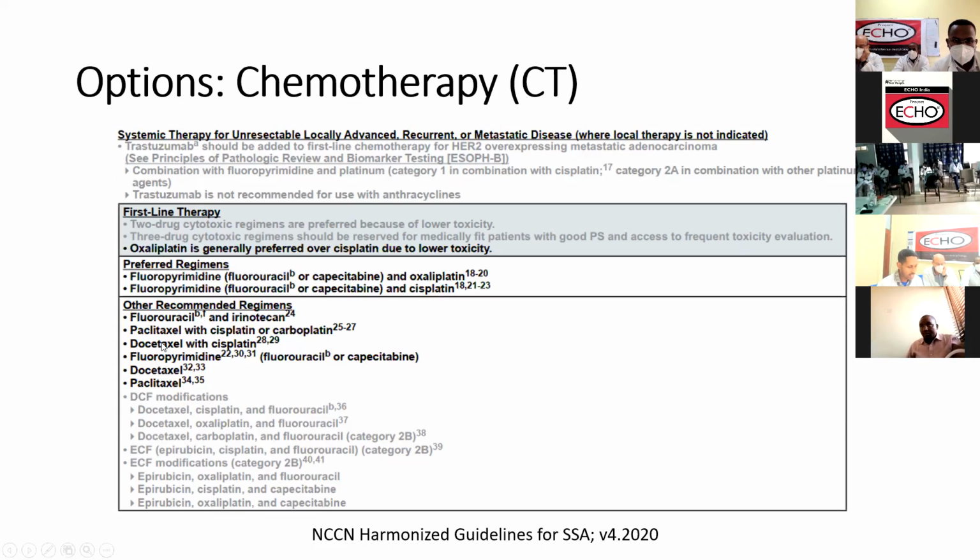And I saw that a lot of centers in Sub-Saharan African countries are using either of these chemotherapies. So as I said, chemotherapy is a good option, at least for the initial palliation of patients presenting with severe dysphagia because of esophageal cancer.